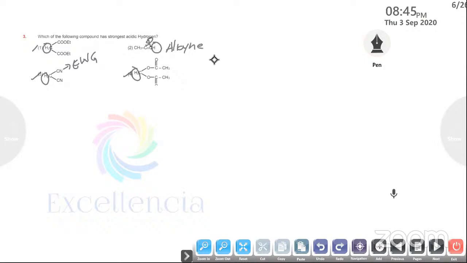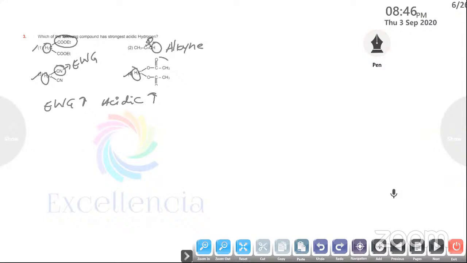So if you see the acidic nature, the active methylene group will have more acidic nature. We know this in the order of acids. As the electron withdrawing capacity increases, the acidic nature also increases. So if you see the electron withdrawing capacity, you have COOEt, it is a minus I, minus M group, and we have CN, this is also an electron withdrawing group.